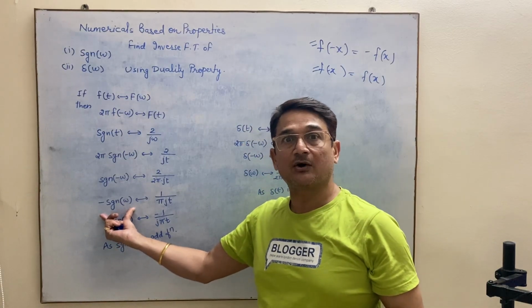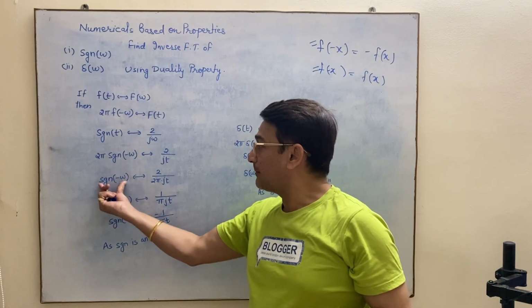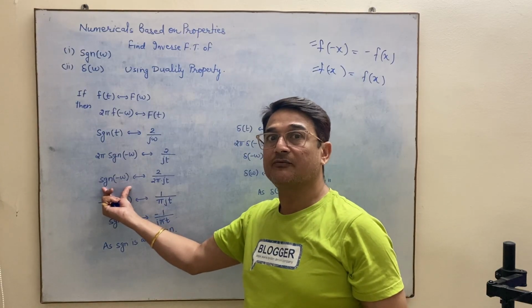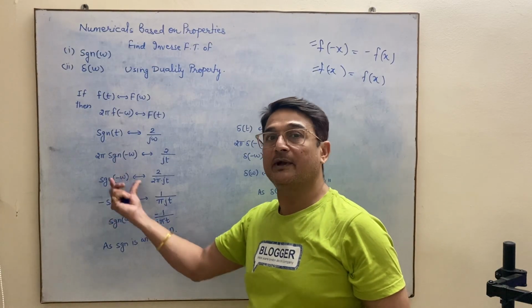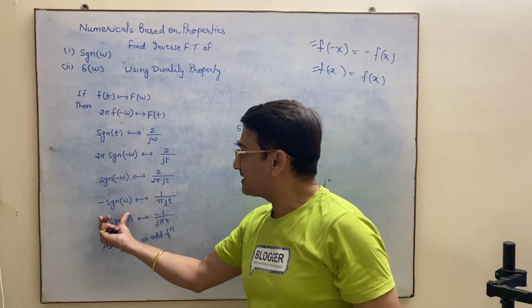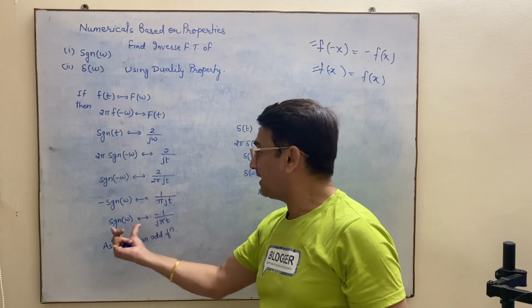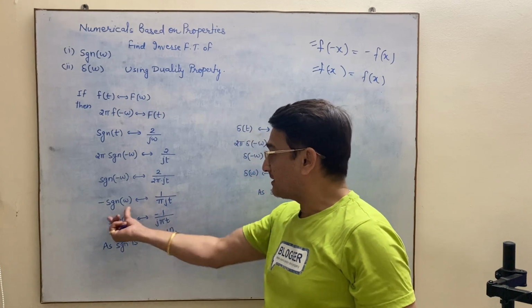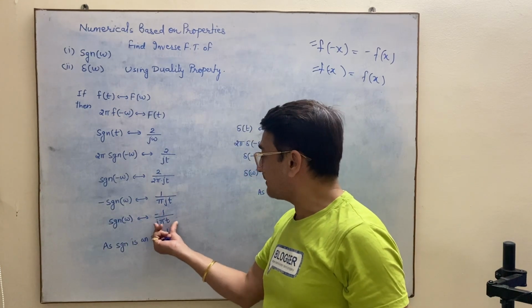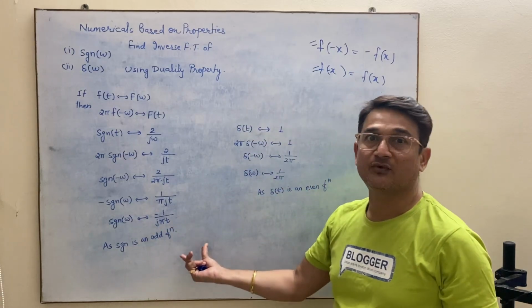If the function is odd, any function f(minus omega) will become minus f(omega). So it is minus signum omega equals 1 by j pi t. So signum omega will have inverse transform minus 1 upon j pi t, as signum is an odd function.